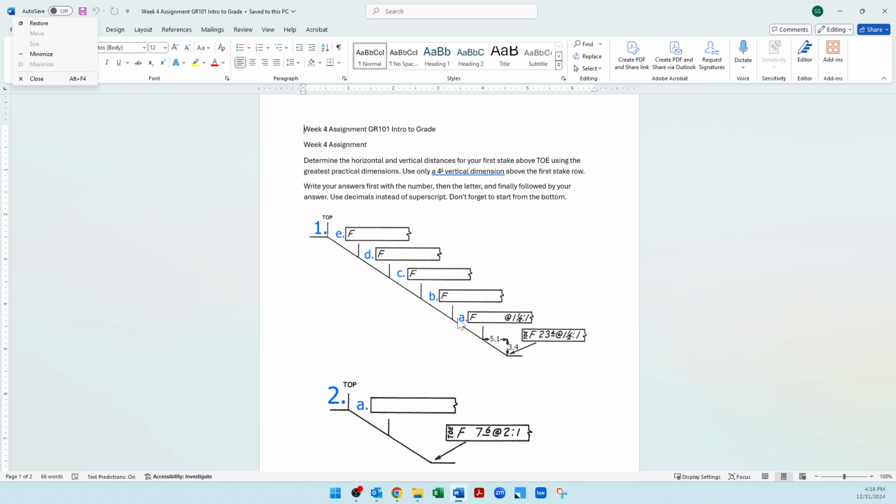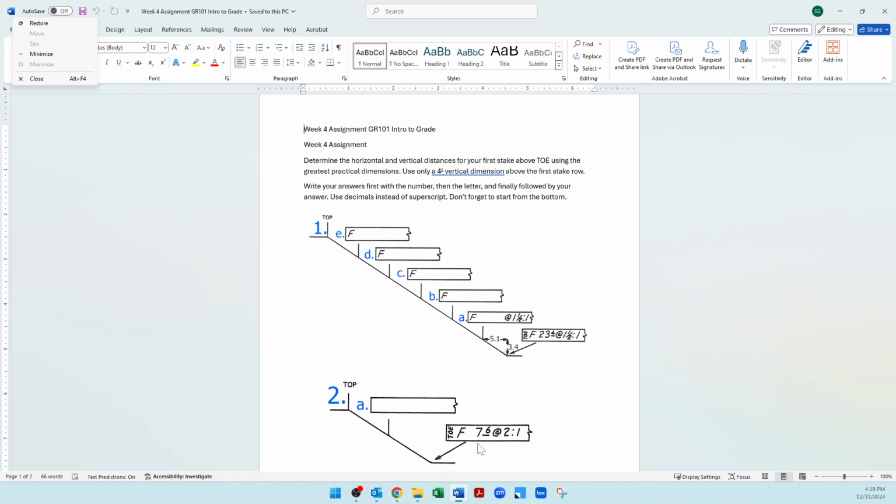Another 4 foot would leave us 16. Another 4 foot leaves us 12, another 8, and another 4. So that would be fill 4, fill 12, fill 16, and so on.